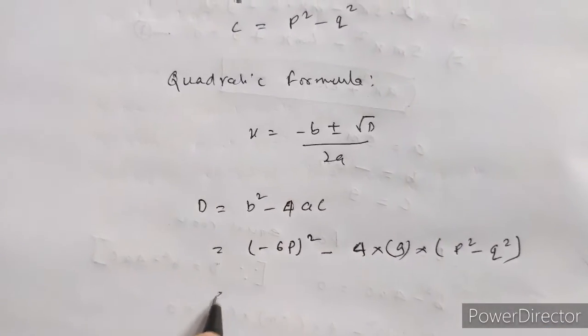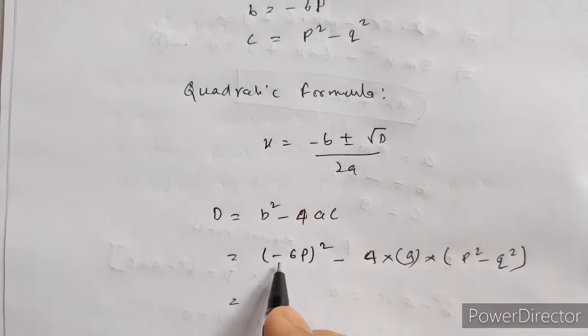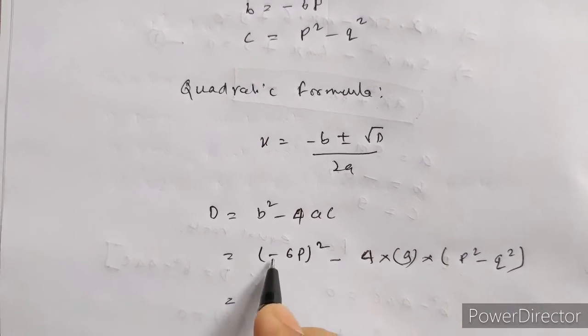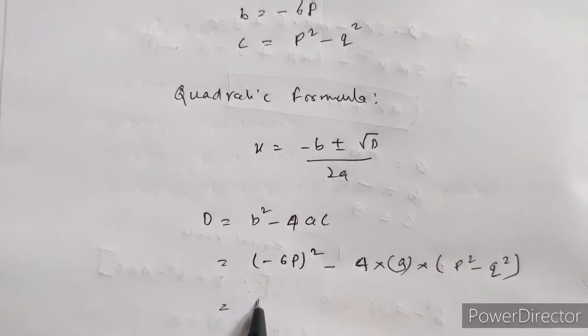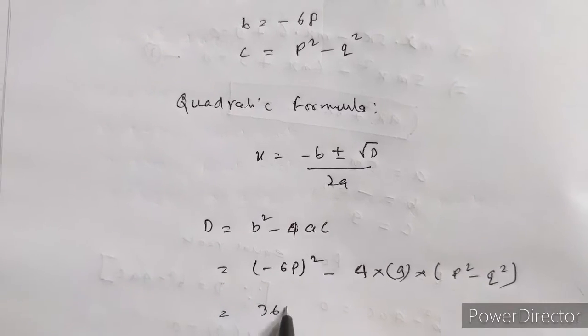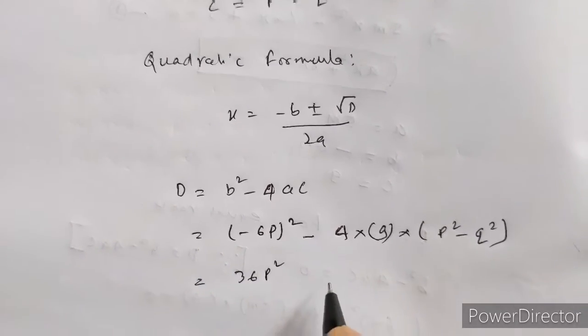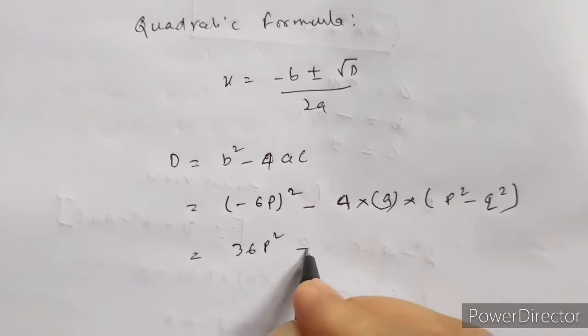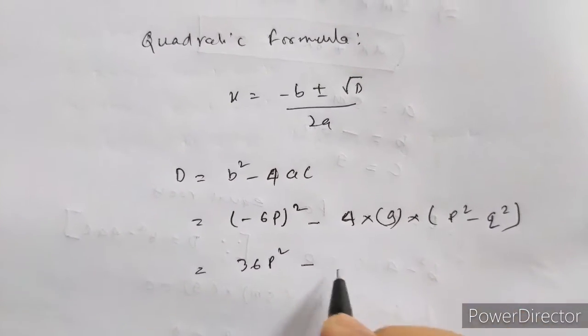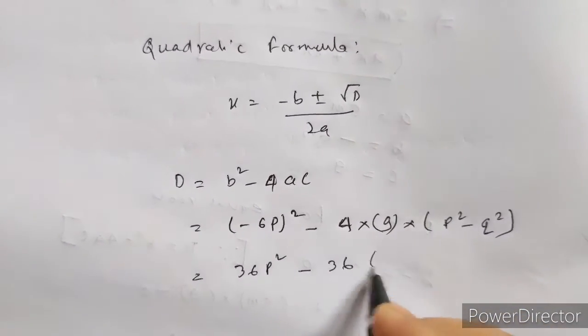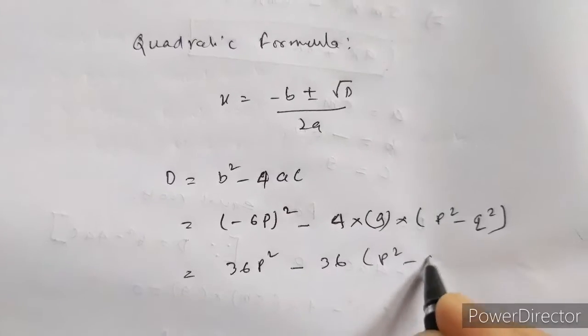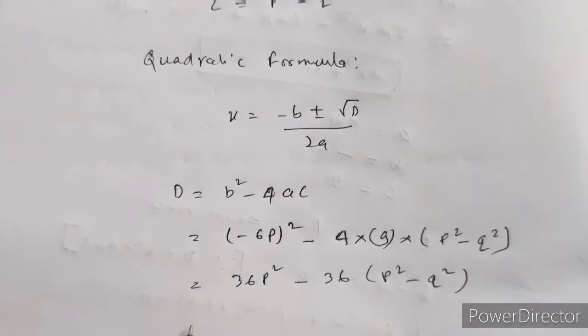So if I solve this, minus into minus plus 6 into 6, 36 p square, it will remain as it is, p square. So minus 4 9s are 36 p square minus q square.